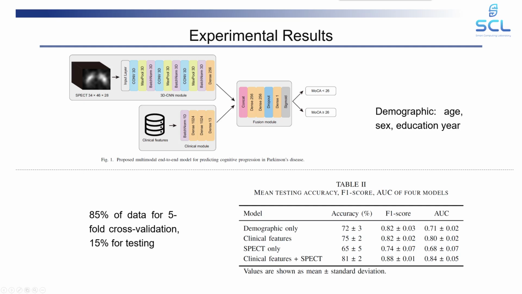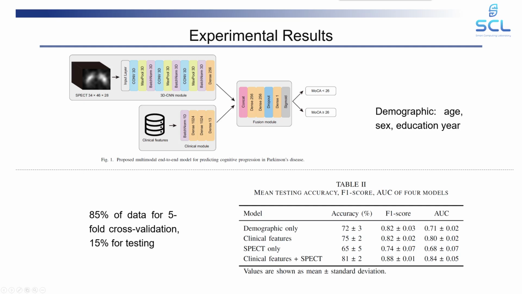Table 2 shows the prediction results of the 4 models. The models using only demographic data or SPECT images did not perform well. The multimodal model was the best, with a mean accuracy of 81% and an F1 score of 0.88.